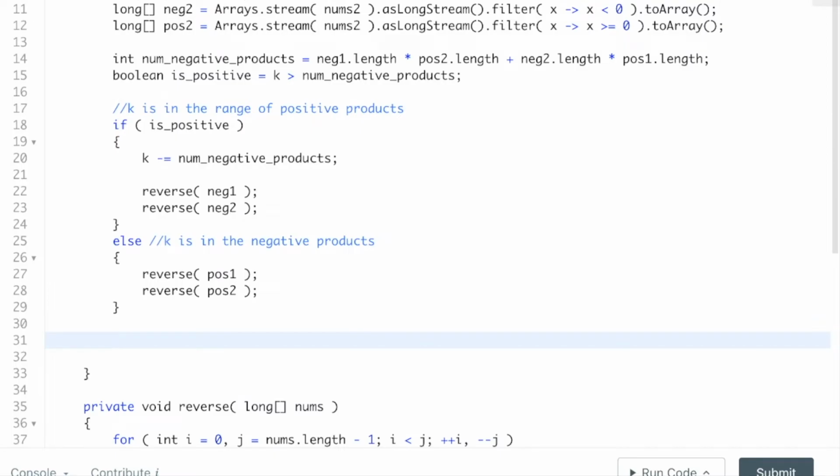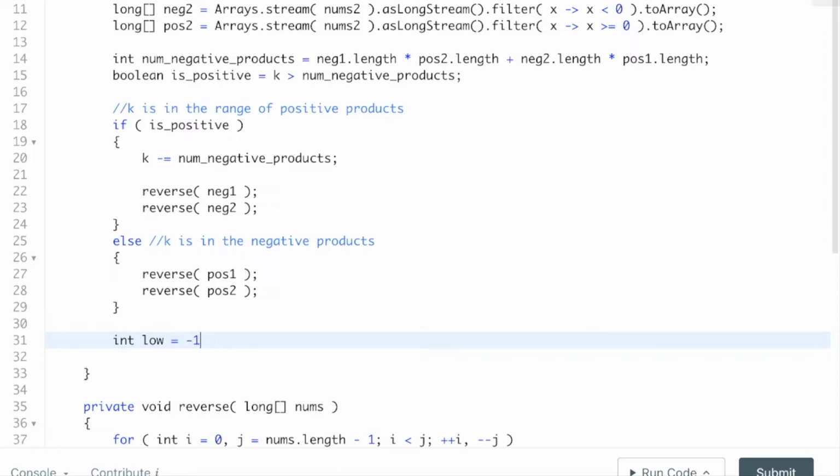So let's set our low to, so I'm just going to hard code the constraints into here. So what's our maximum negative product? It's going to be negative 10 to the 5th times 10 to the 5th. So our maximum negative product, or basically our smallest possible product, is going to be negative 10 to the 10th, right?